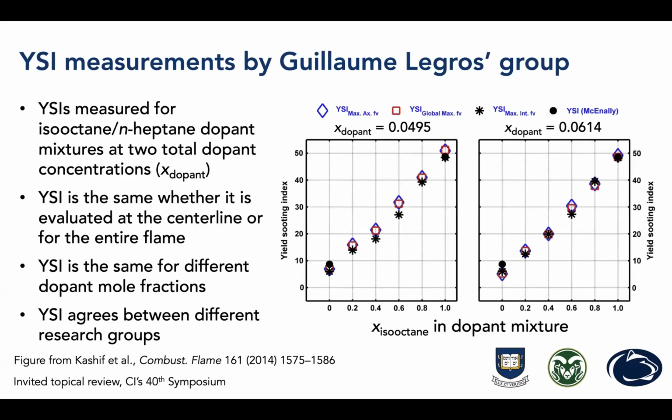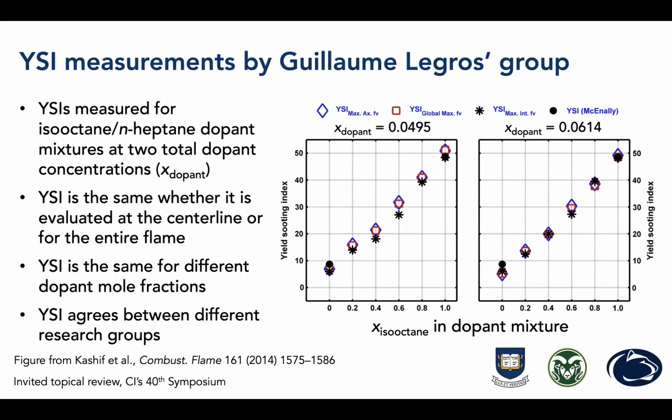Other groups have measured YSI, principally the Legros group. Why this is interesting is that it depends on how they do the measurement, either looking at the global maximum of soot volume fraction, or the maximum intensity across the flame, not just on the center line, and our measured YSI is shown as the black dots.